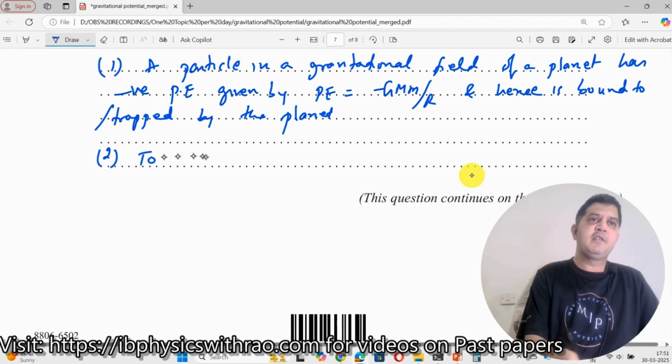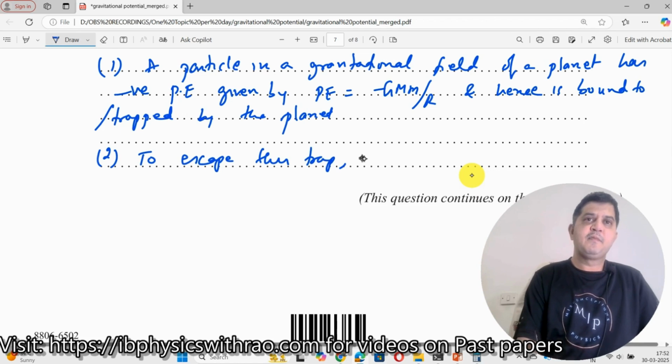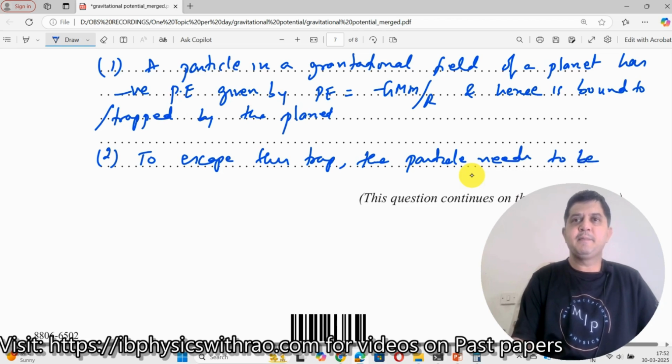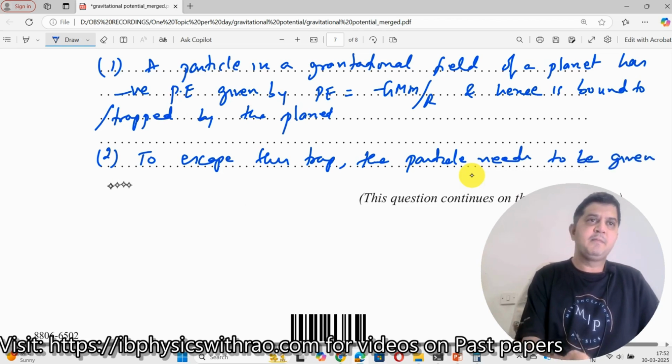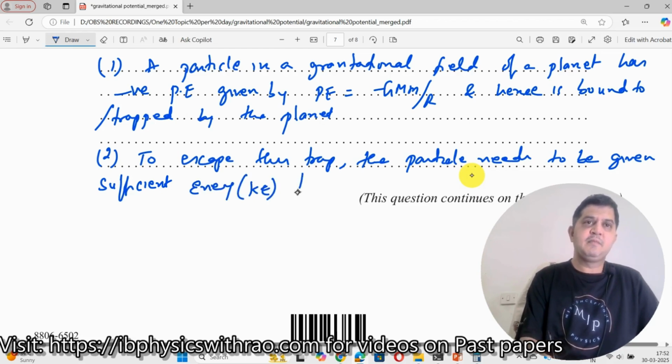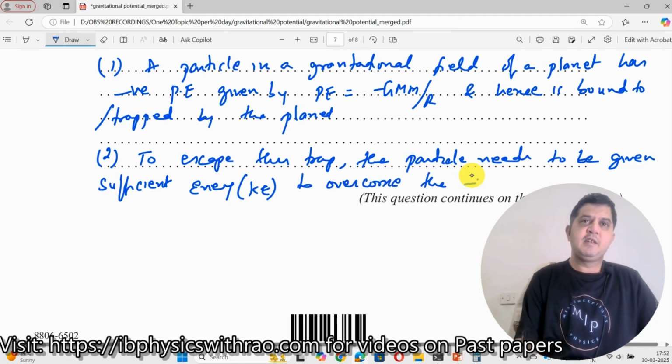Secondly, to escape this trap, the particle needs to be given a sufficient amount of energy, that is the kinetic energy, to overcome the negative potential energy.